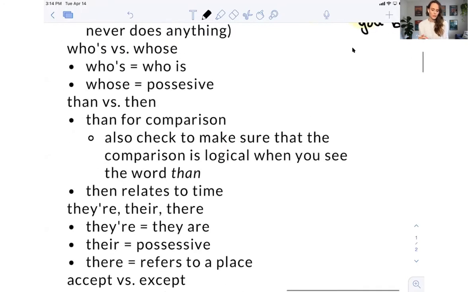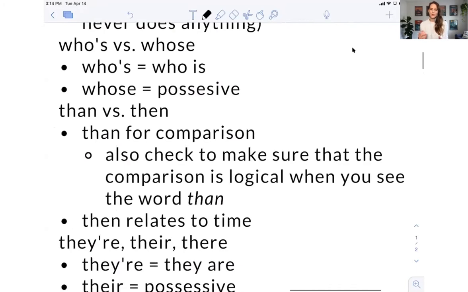Whose versus who's is another one. And you may notice that a lot of these sound the same. And that's what makes SAT questions pretty challenging for a lot of students. You cannot rely on which answer choice sounds better. For the super easy questions, if you are a native English speaker, you may be able to get away with it every now and then.